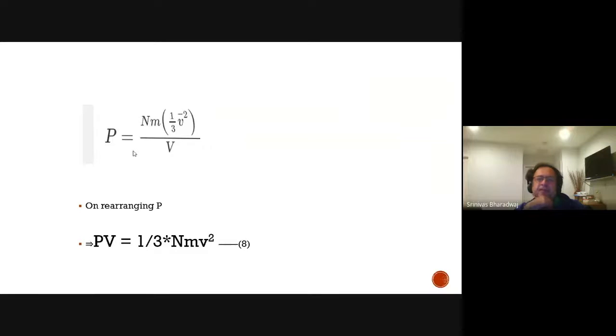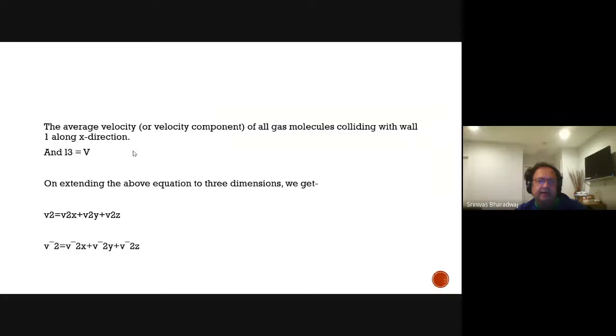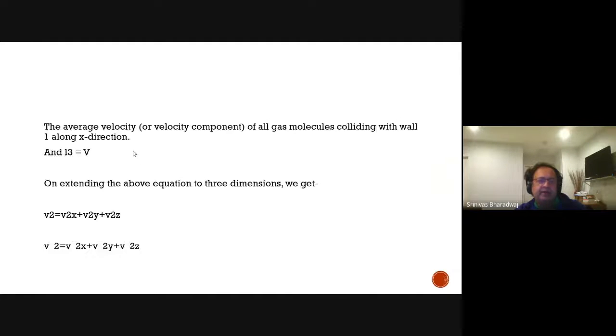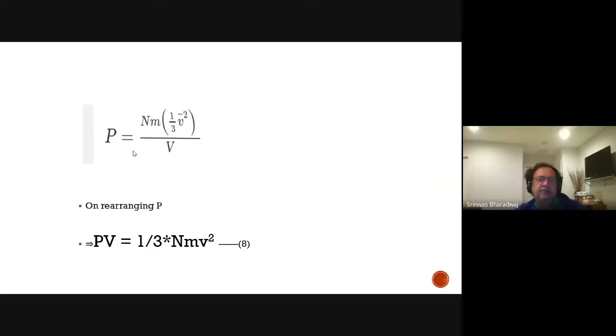So now, by rewriting this equation and plugging it back in, where V is the volume, l cubed is V, you end up with the equation PV equals N m v square by 3. The v square by 3 came because it was vx square plus vy square plus vz square, and vx equals vy equals vz because of symmetry, and that was therefore equal to 1 by 3, right?